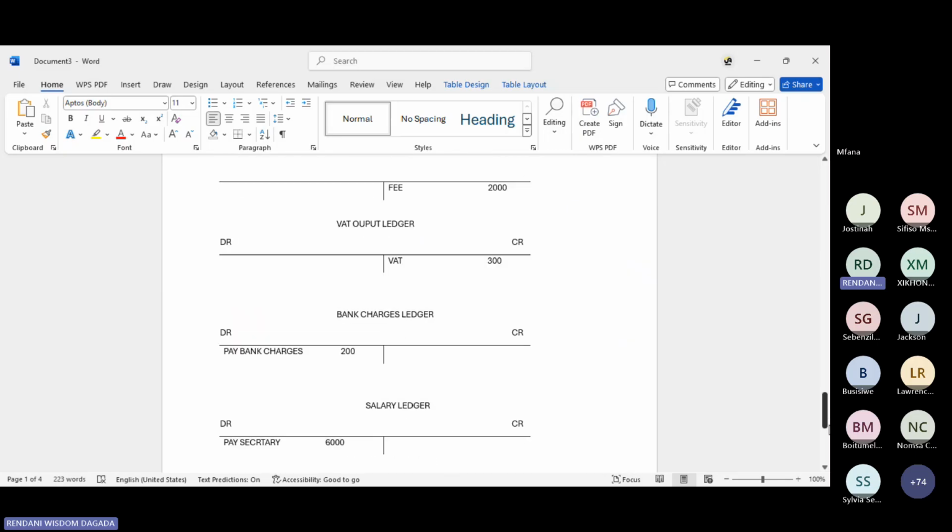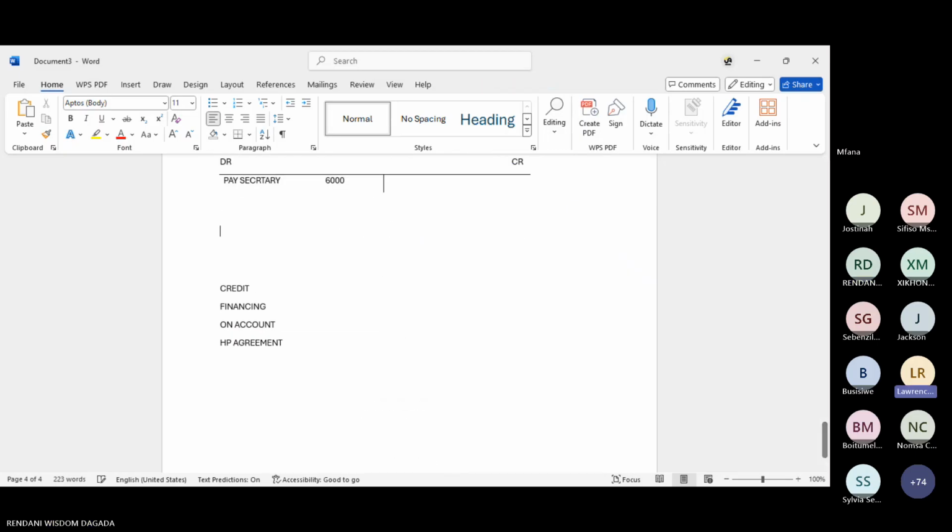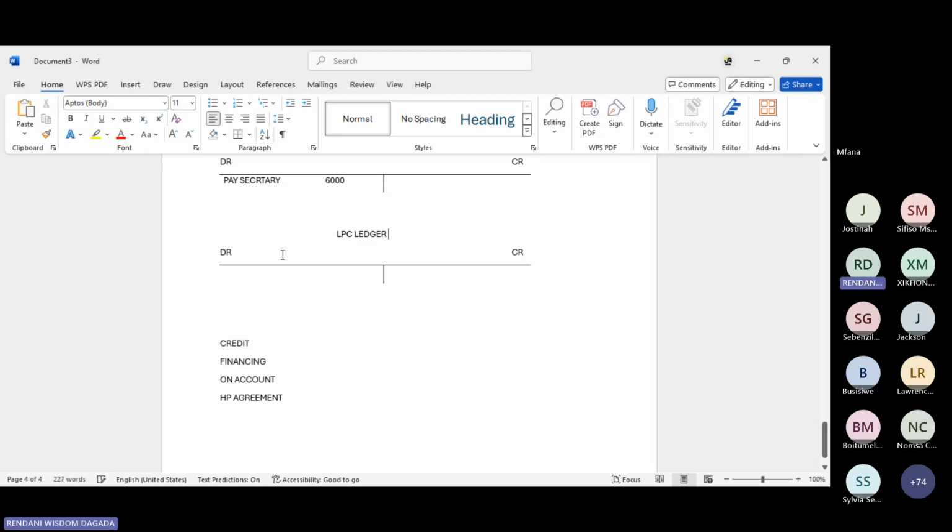We're just going to open an LPC General Ledger. LPC Ledger. On the opposite side here, on the debit side, we're just going to say pay LPC fees, which was 1,000.